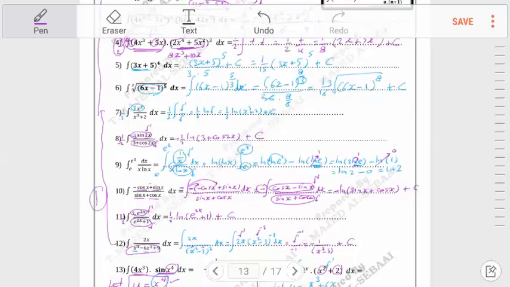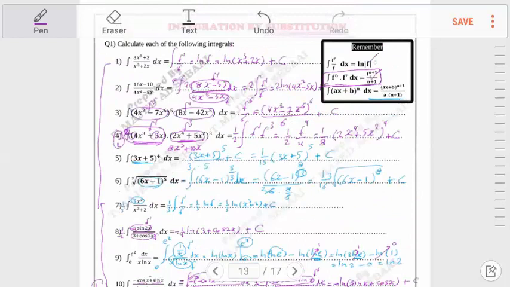But because it has a rule, which is this or this, we don't have to use substitution anymore. This is type 1. For example, if we did the first question, u equal x to the power of 3 plus 2x, I will get the same answer.